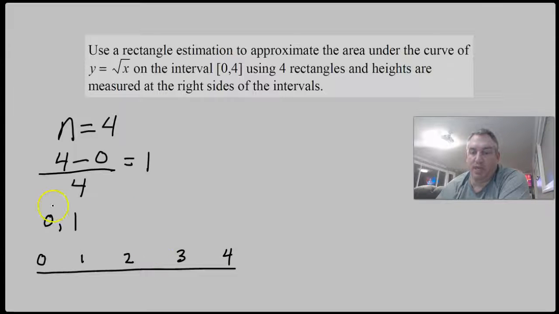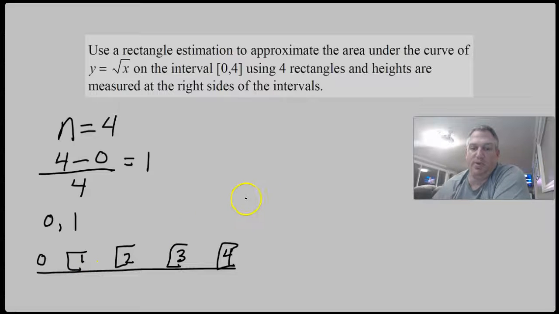And since it says to use the right sides of the intervals, then we're going to use the numbers 4, 3, 2, and 1. We won't use the value of 0.